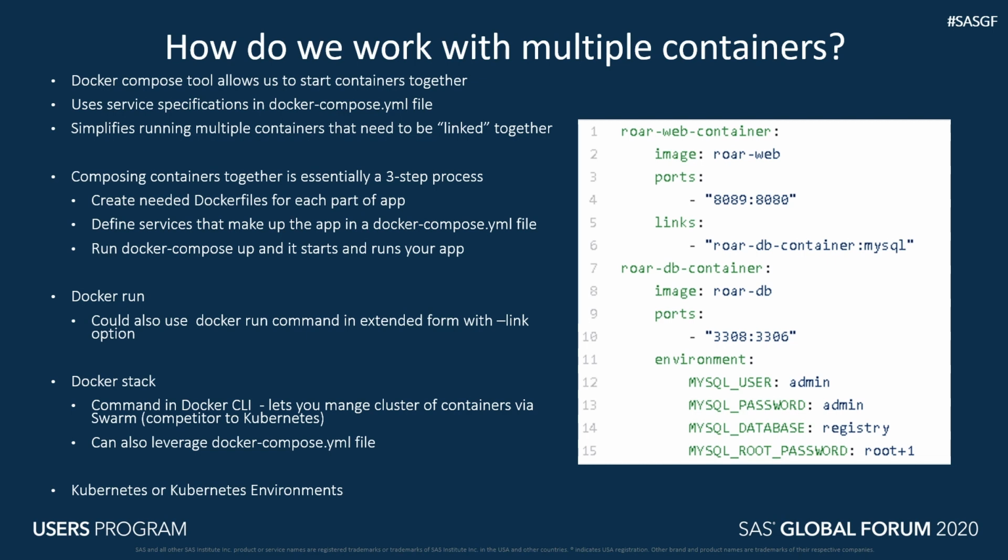When I start talking about spinning up multiple containers from different images and trying to manage them, it can be challenging to manage easily. Fortunately, there are a couple of different ways we can manage that. One of them is the Docker Compose tool. What Docker Compose does for us is allow us to start containers together.